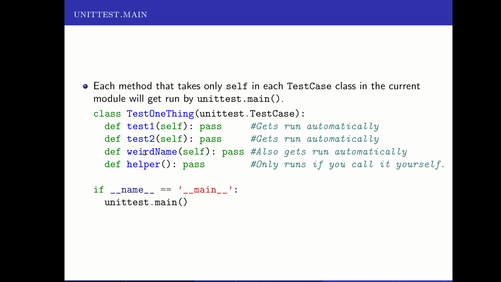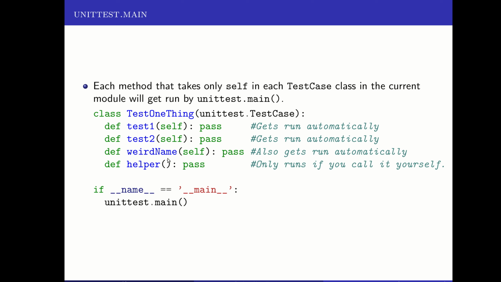There's another function that has a different name, doesn't need to have test anywhere in it, and it just needs to have self as its only parameter, and it will get called as a test as well. Helper will not, because helper does not take self as a parameter.